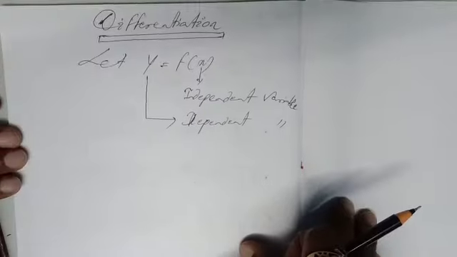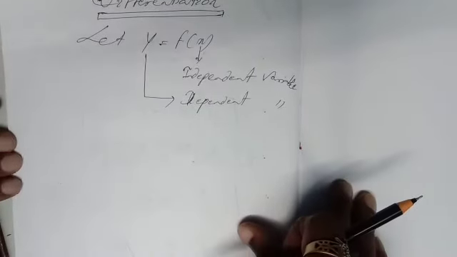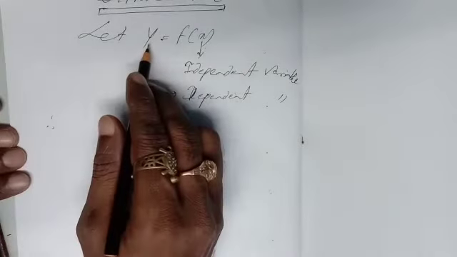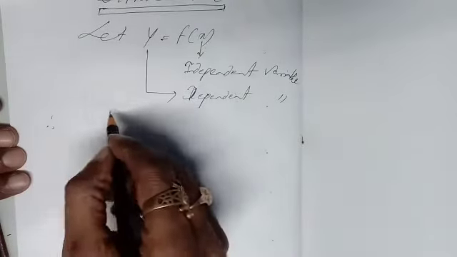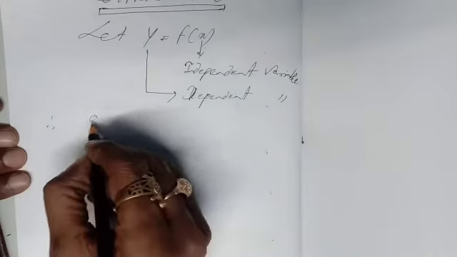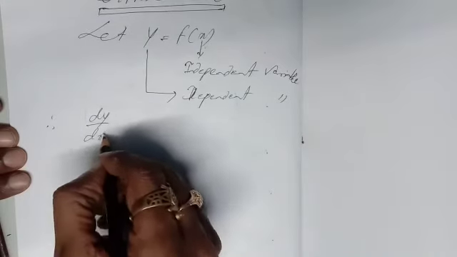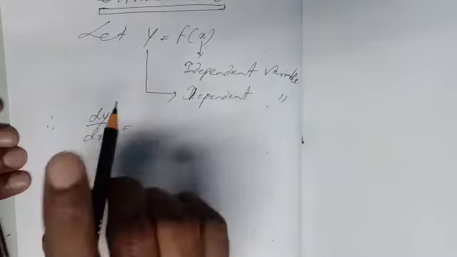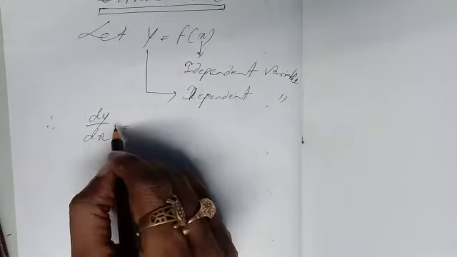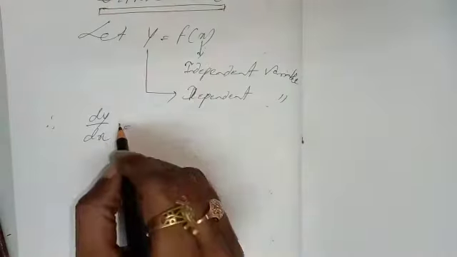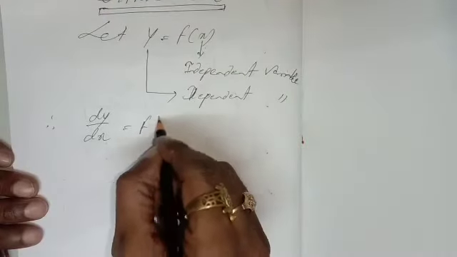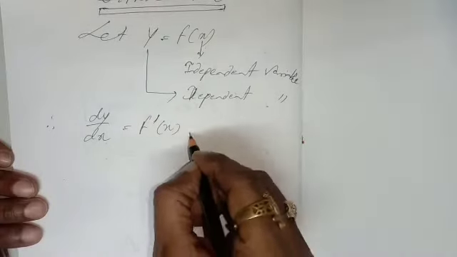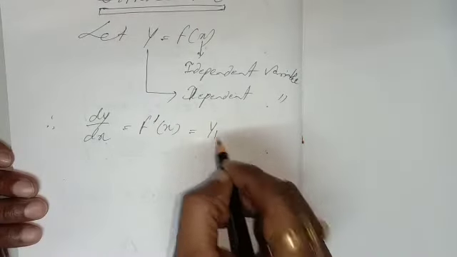Any function written in terms of x, suppose y is equal to that, then the derivative of y with respect to x is written as dy by dx, which is nothing but f dash x, or it can be written as y1.